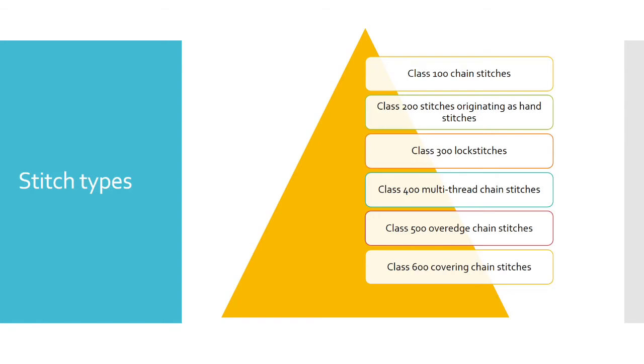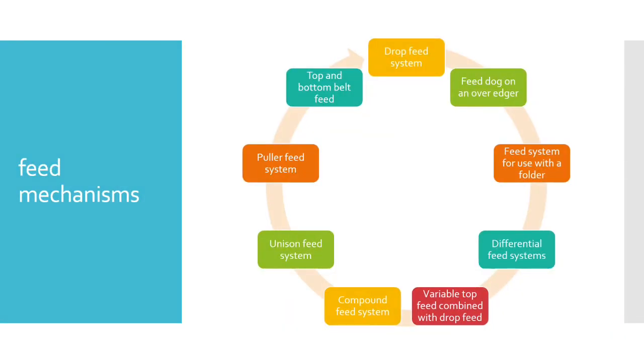Covering chain stitches may have up to 9 threads in total, including 4 needle threads. There are various feeding mechanisms used in machines, such as drop feed systems, feed dog on an overedger, feed system for use with a folder, differential feed systems, variable top feed combined with drop feed, compound feed system, unison feed system, puller feed system, top and bottom belt feed.